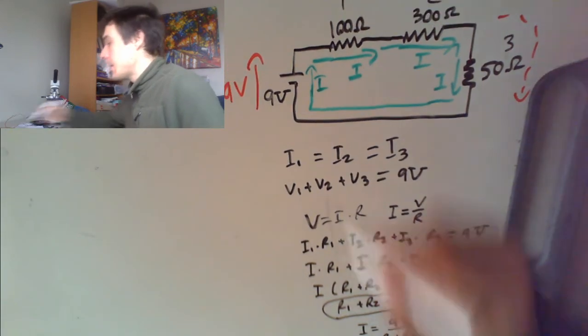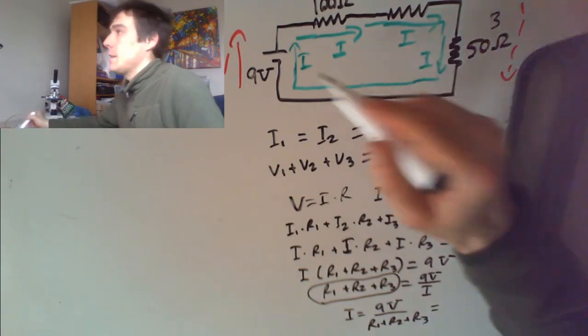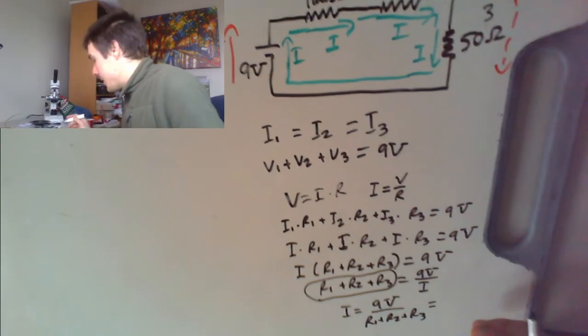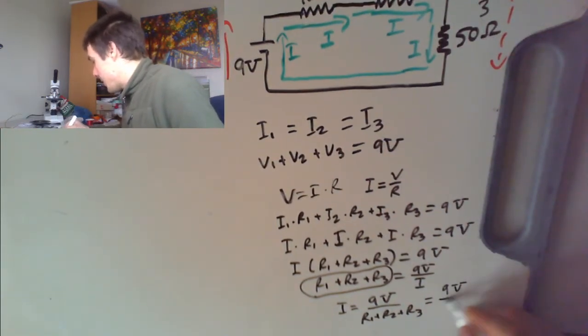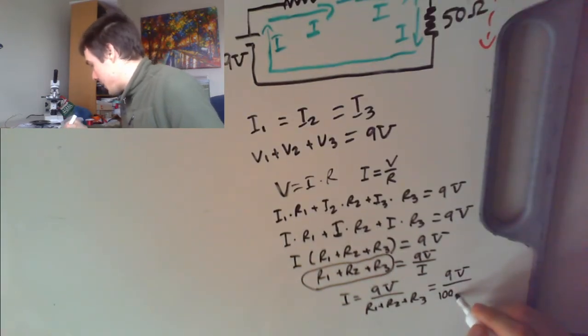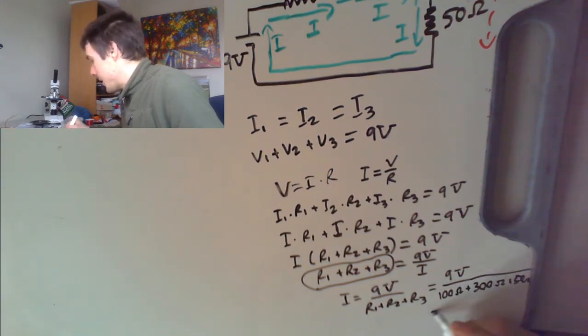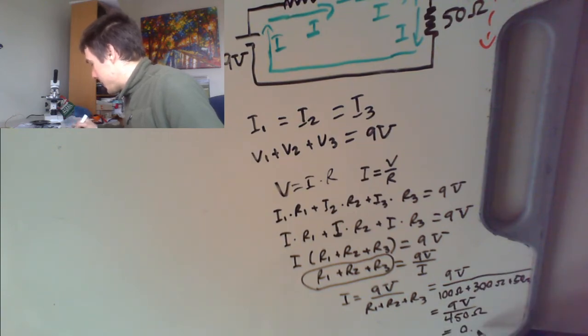We're solving for the current going through the battery, indeed the current going through the entire circuit. So that's 9 volts over, and we have 100, 300, and 50 ohms, which is 9 volts over 450 ohms, which is 0.02.